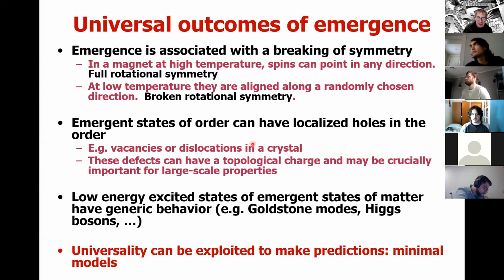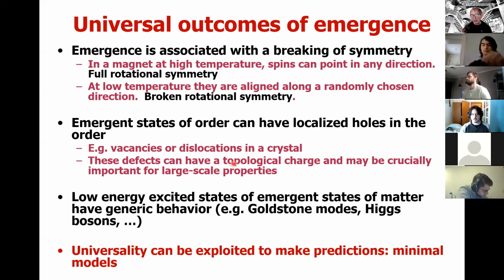So that's one of the main messages, is that when you have spontaneous symmetry breaking, from the way that the symmetry is broken, we can discuss what kinds of topological defects will be present. And why topological defects are so important is that they can dominate the large-scale properties of materials.